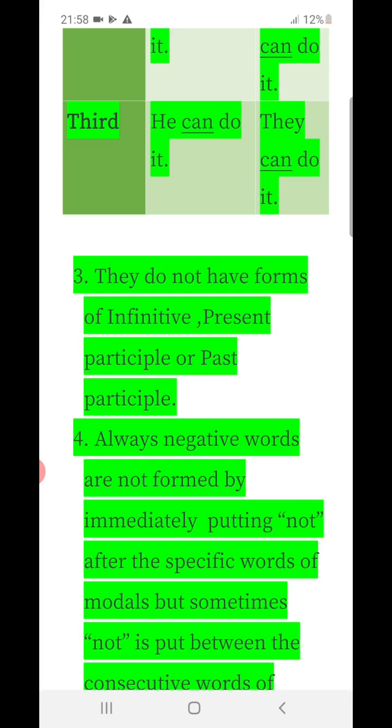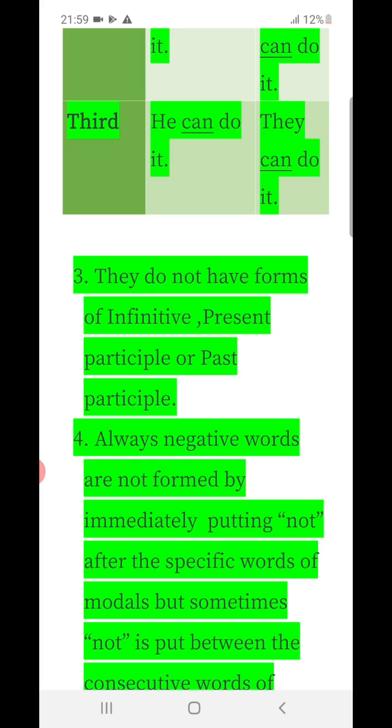Students, a word of verb, suppose work plus ing, working, that will act as an adjective or in place of an adjective. So, that kind of word is also not going to be present over here.